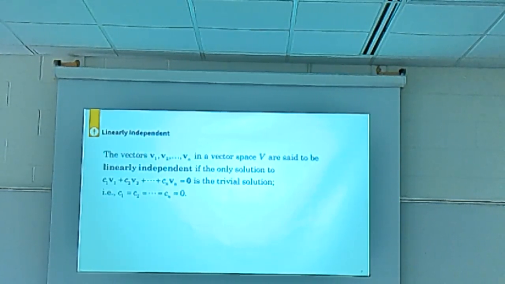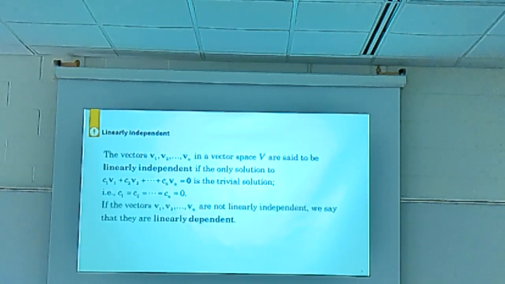It's covered in the text with matrices. I think they specifically stuck with Rn, whereas now it's going to be expanded to any vector space. If they're not linearly independent, we just say that they're linearly dependent.